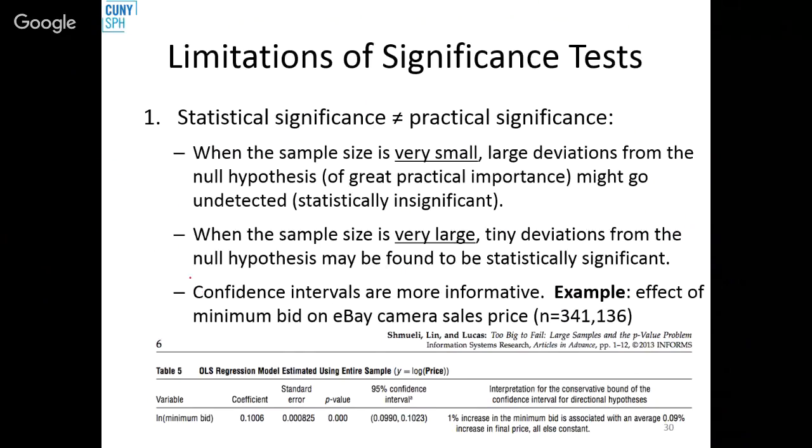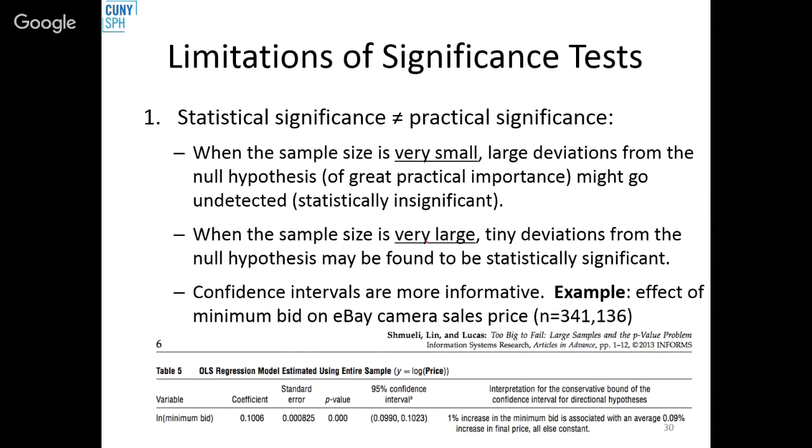And in both of these cases, confidence intervals tend to be more informative because they include both your hypothesis test, which can be done just by looking at the confidence interval, and some idea of effect size or how much uncertainty is in your estimate of your outcome of interest.